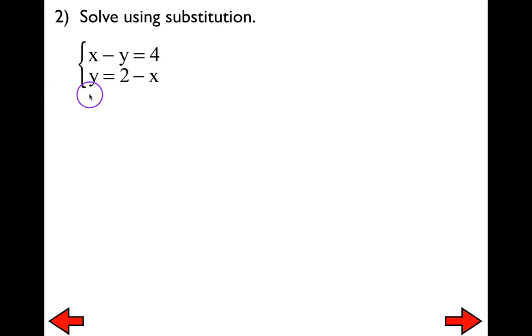Okay, so let's check our answers. Hopefully you saw here, since this one's already solved for y, you're just going to write that down. And then I'm going to change this equation so it's also solved for y, since it's not already solved for y. So here we have x minus y equals 4.